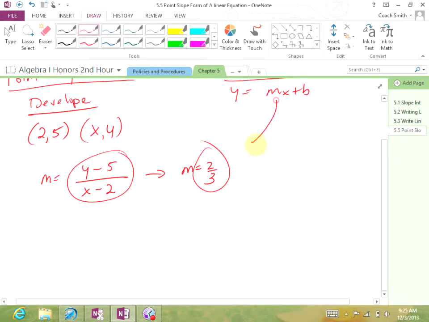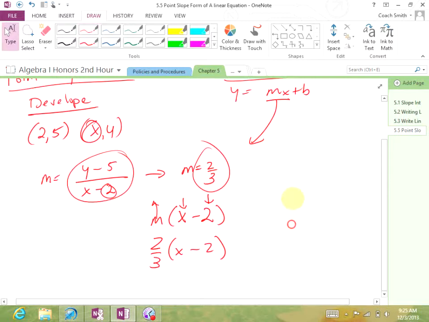Our slope-intercept form says we're going to take m times x. The x term then would be m times our x minus the point we do know. So in other words, this x is there, this x is there. We already know that the slope was given to us as 2/3, so that's 2/3 times x minus 2.